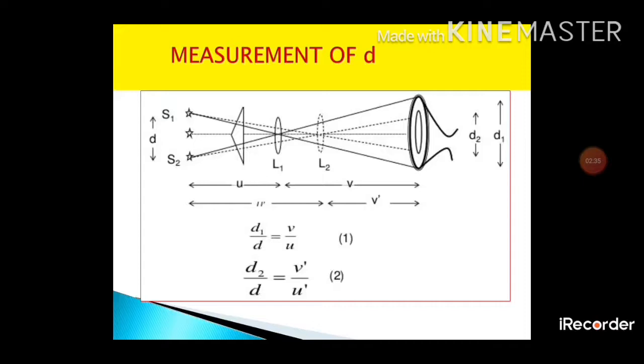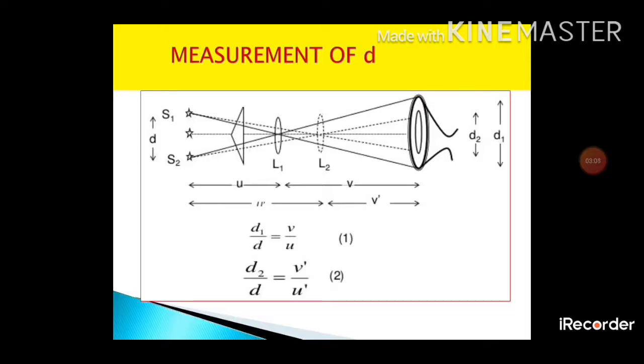In a similar way, in the second position, I will now move the convex lens towards the eyepiece such that I can obtain the images of S1 and S2 in the eyepiece. Let the position of the convex lens be L2, and let the distance between these two images be D2, which we can find out with the help of the micrometer.